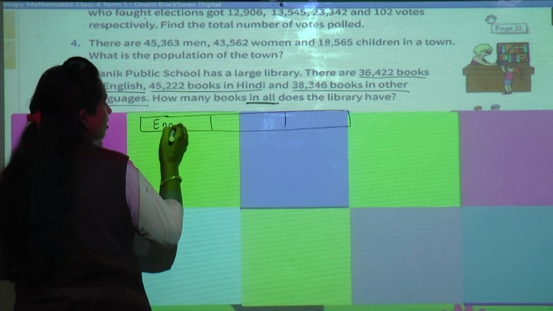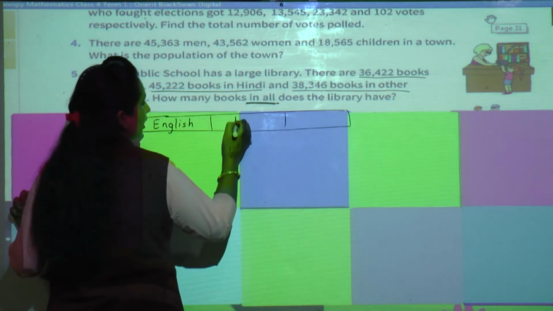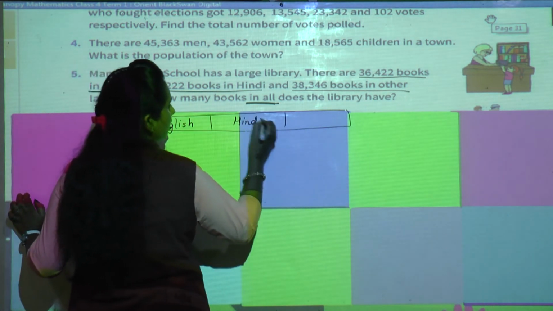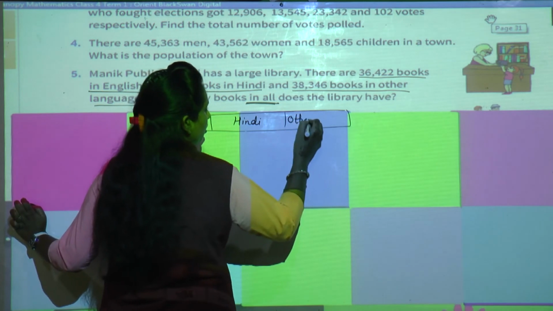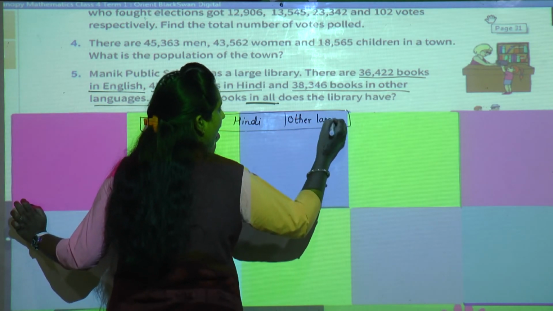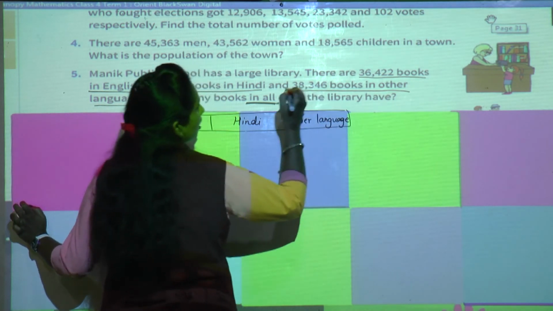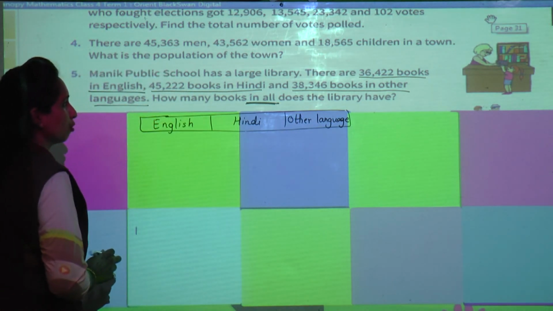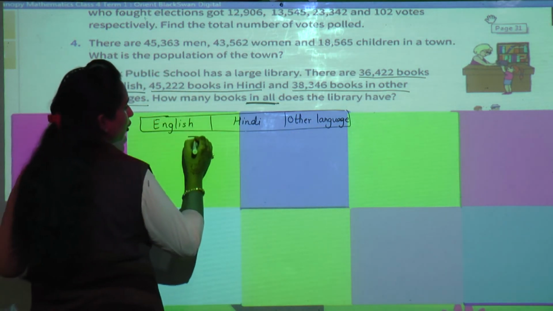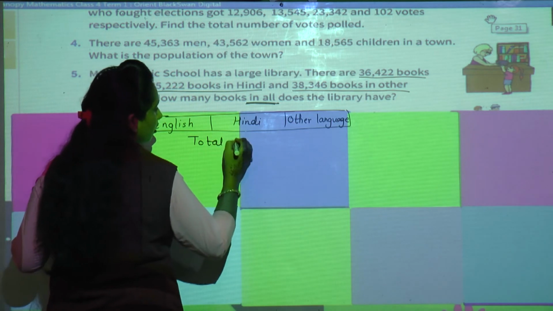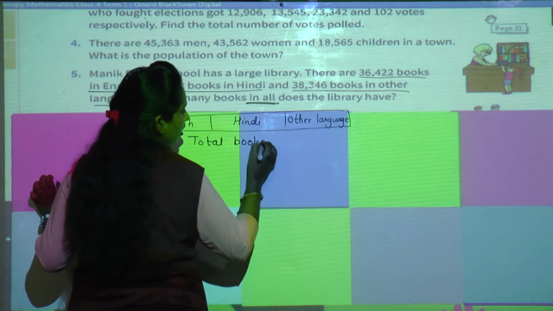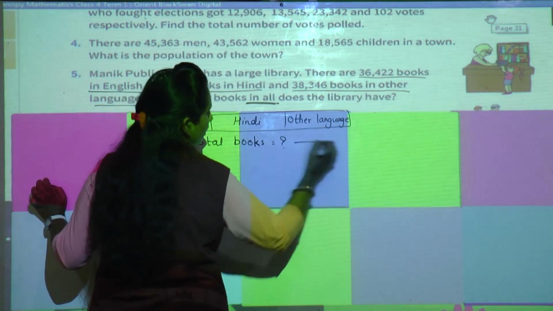So we can write here English, Hindi and other language. When we add these 3 numbers of books together, we will get the total books. Yes or no? Yes.